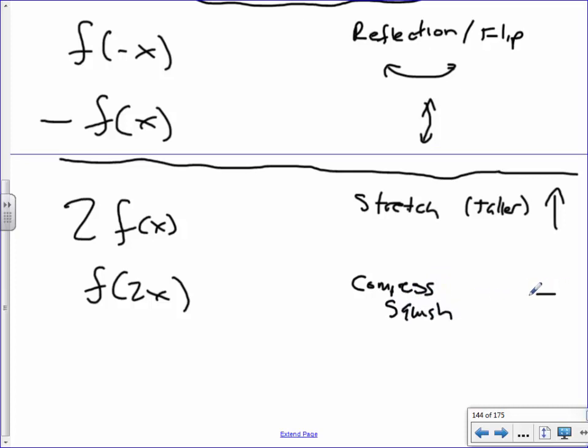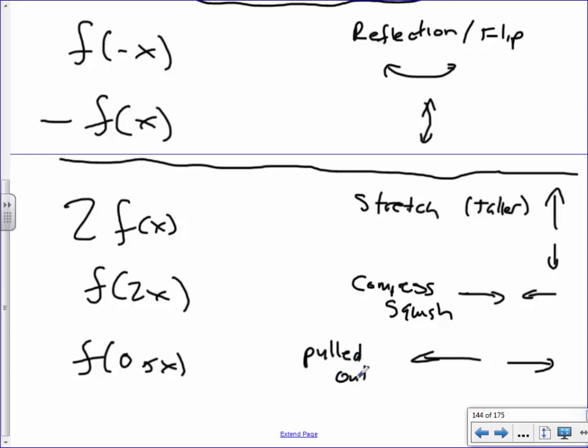It squished it in. That make sense? If we were to have done f of, say, 0.5x, that's actually where it pulled it outwards. Everything got pulled outwards.